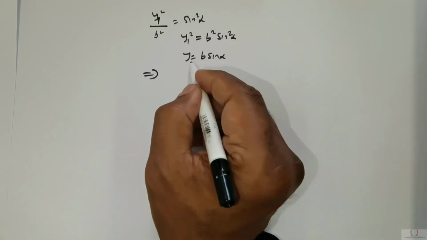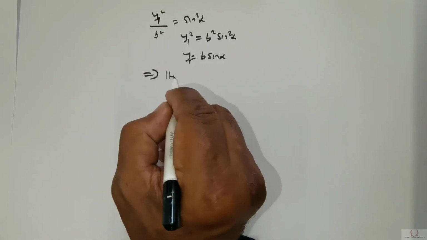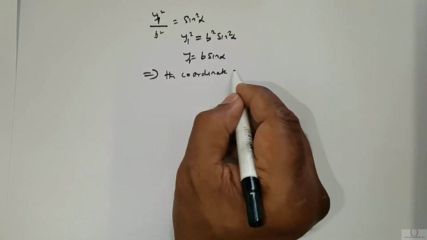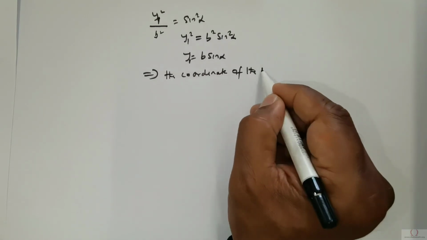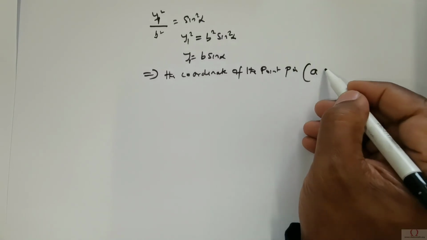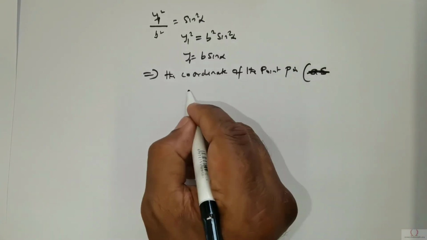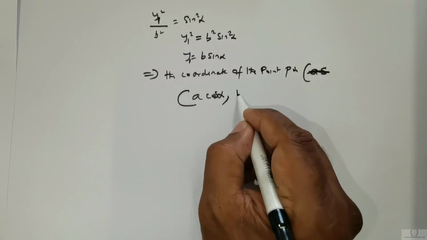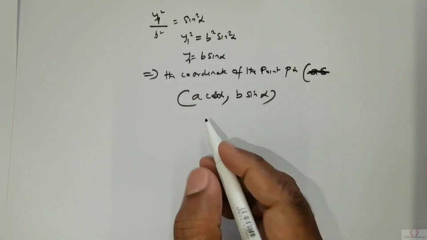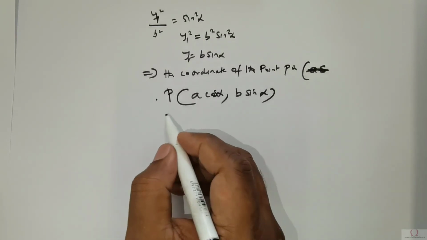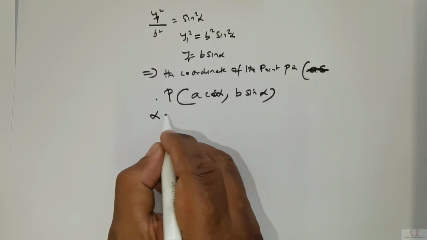So this would mean the coordinates of the point P are a times cos alpha comma b times sine alpha. So this is the coordinate of the point P. And what is alpha?